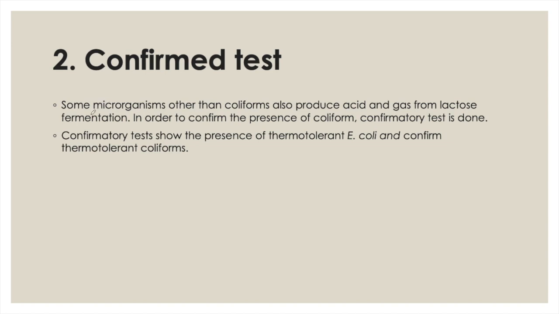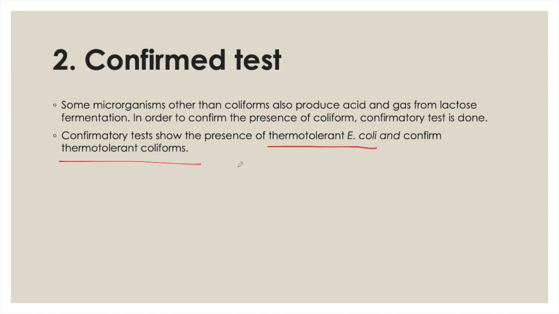To confirm the presence of coliform, the confirmatory test is done. It shows the presence of thermotolerant E. coli and confirms the thermotolerant coliforms. That is why it is called the confirmed test.